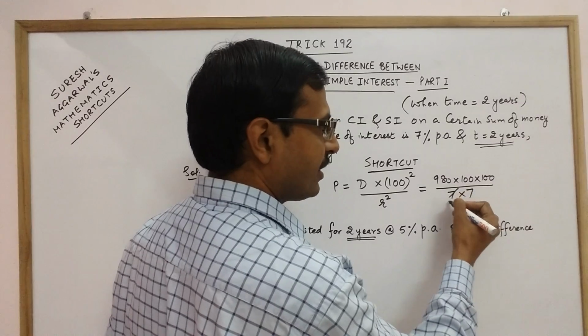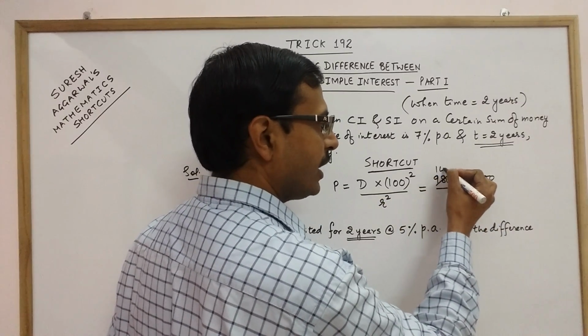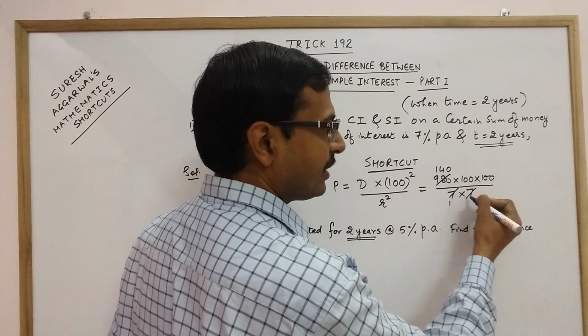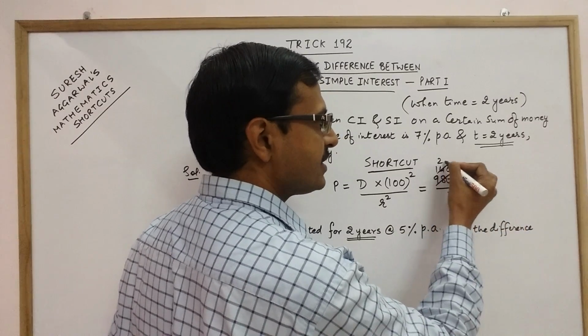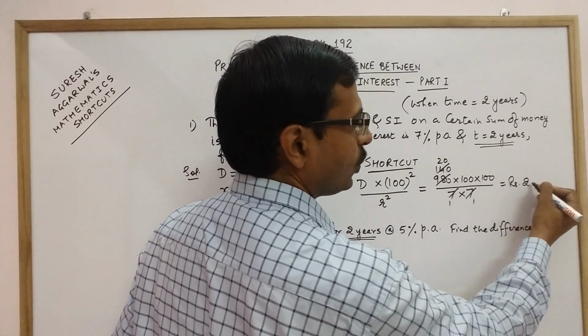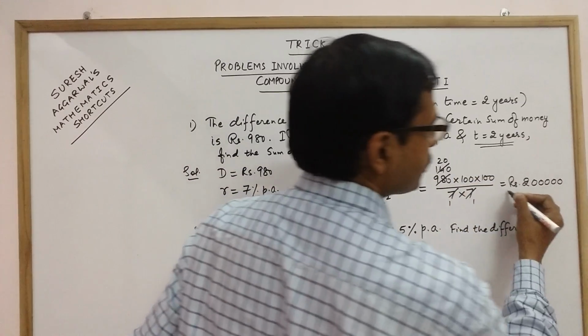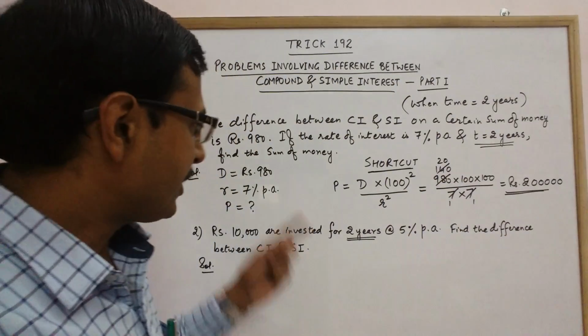So if you cut 7 with 980, this will be 140 and again 7 20 times. So here we have the answer rupees 2 followed by 5 zeros. So rupees 2 lakh is the principal amount.